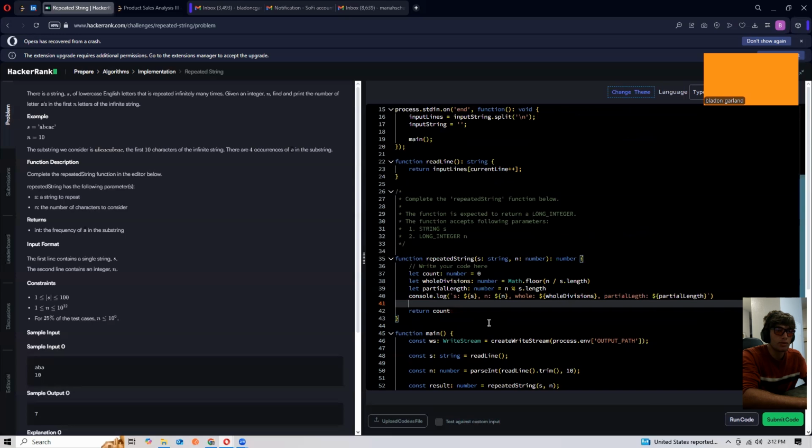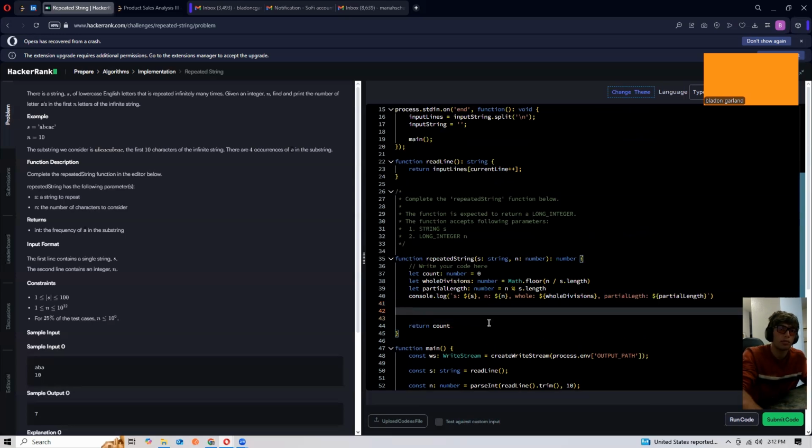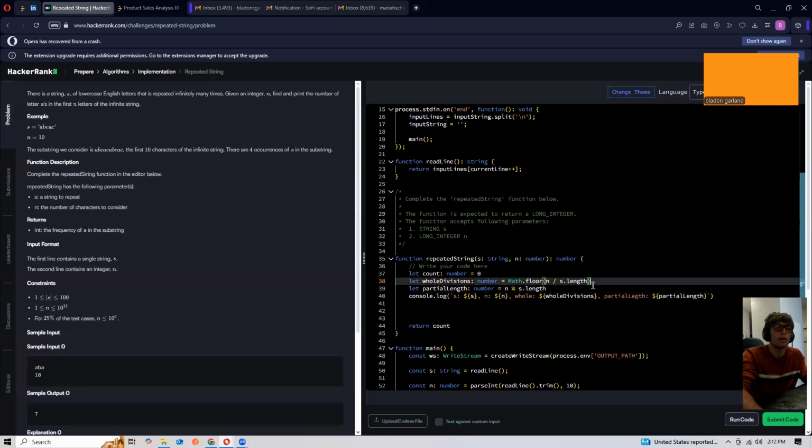Now, let me ponder this over. Basically what I'm confused about is how we're going to manage the flow, because I want to do this in one for loop. I want to find both how many A's are in the partial length.